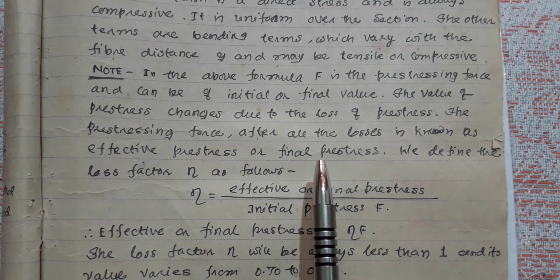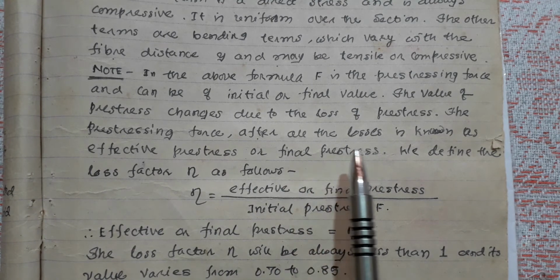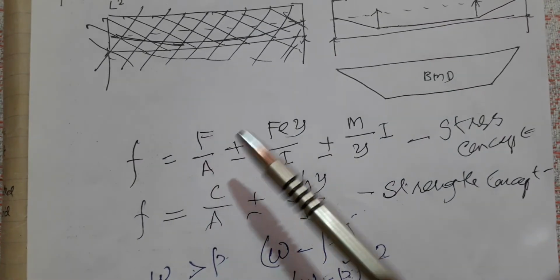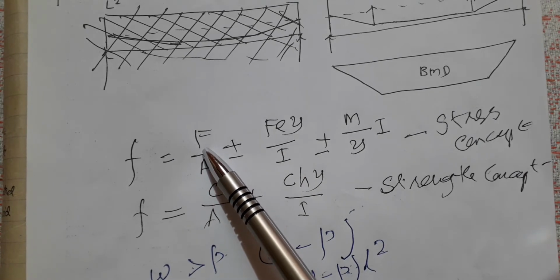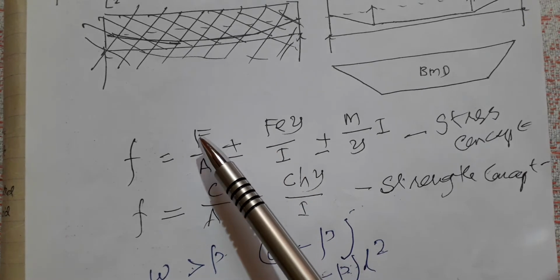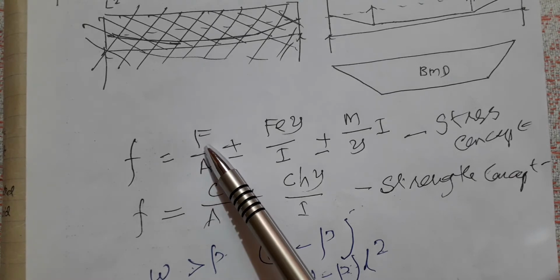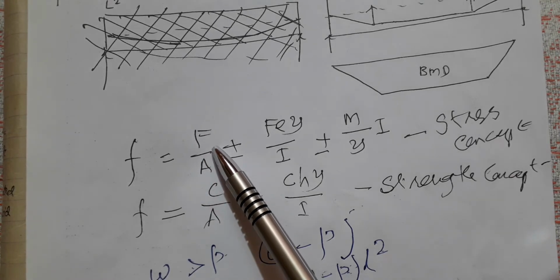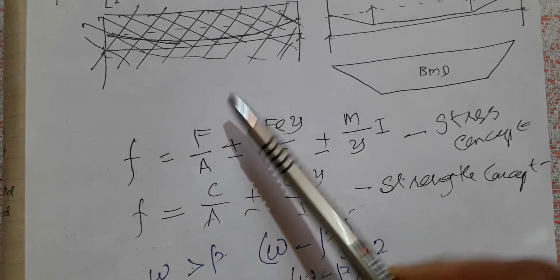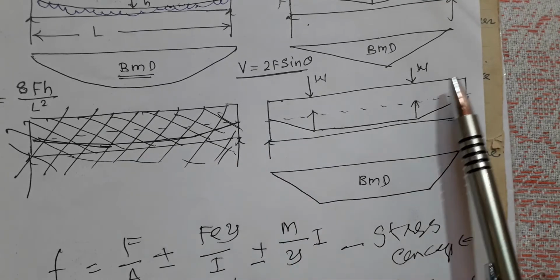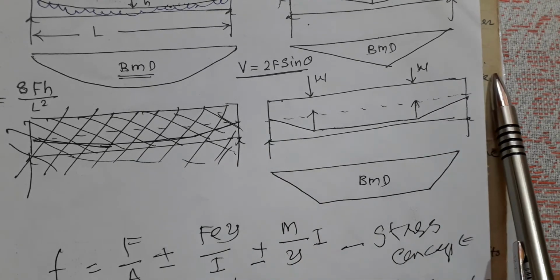So now I've got two things here. Please try to understand: this value of F may be the initial pre-stress or the final pre-stress. The final pre-stress is obtained after the loss of pre-stress. Say the 1000 kilonewton pre-stress you applied is the initial pre-stress.